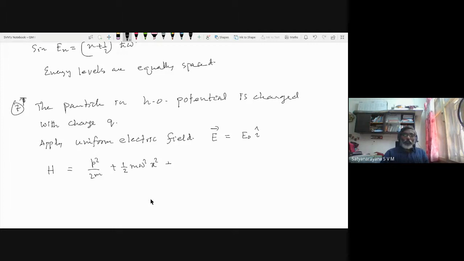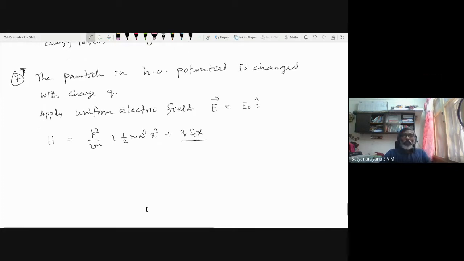Then you have plus qE0 into x, the force acting into x. This is the potential corresponding to the restoring force of the spring, and this is the term corresponding to the electric field.